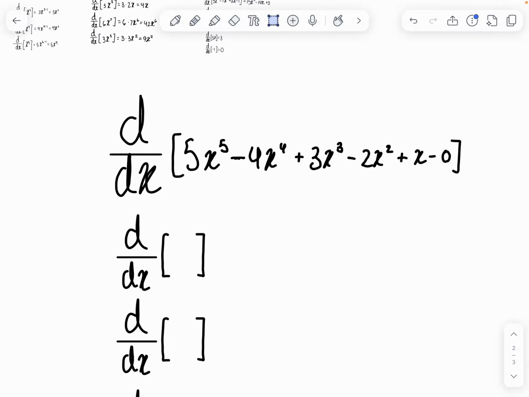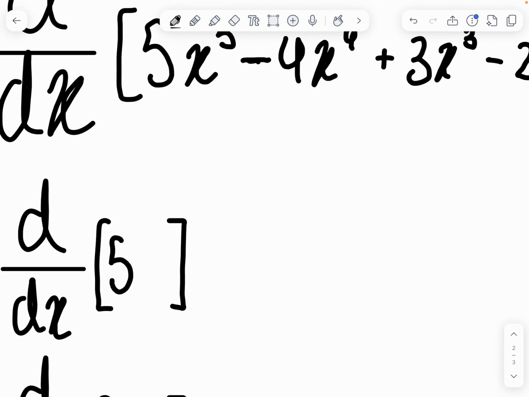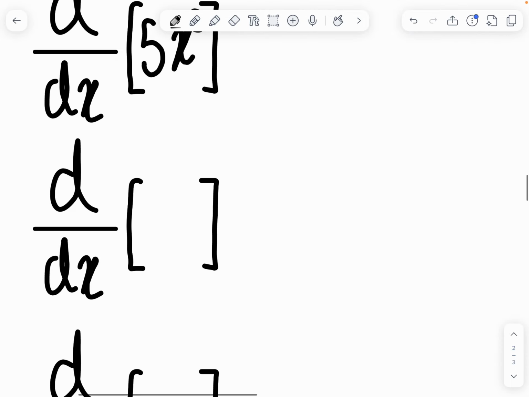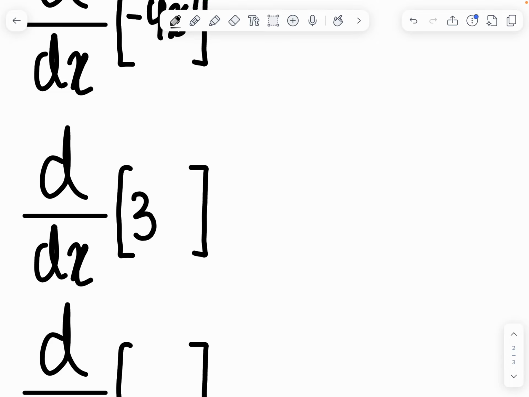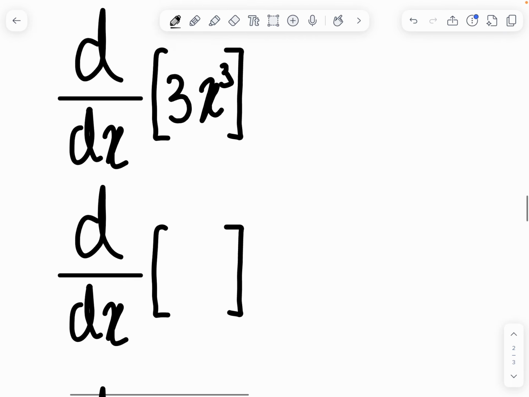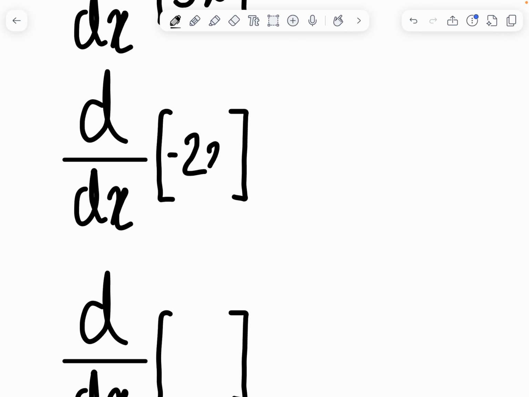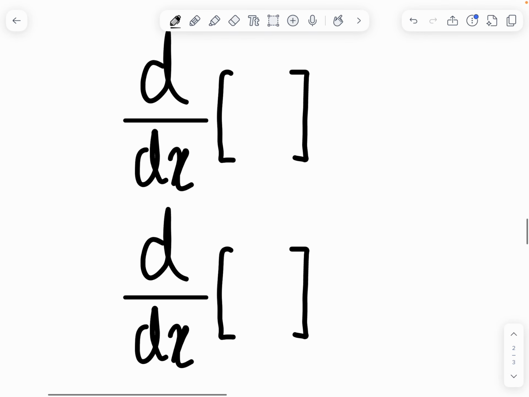And now we need to assemble it together as a derivative. 5x to the power of 5, negative 4x to the power of 4, 3x to the power of 3, minus 2x squared, plus x, and minus 0.